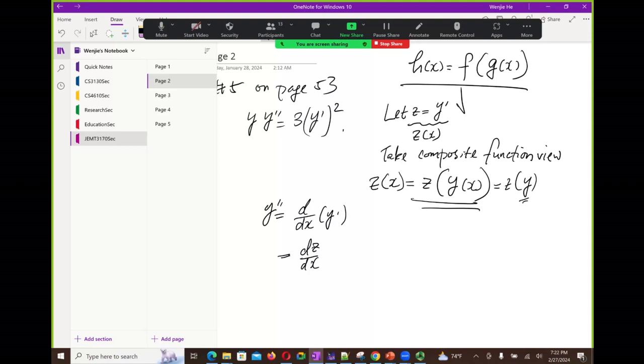Now, look at here, z is a composite function. When we take the derivative of a composite function, we apply the chain rule.